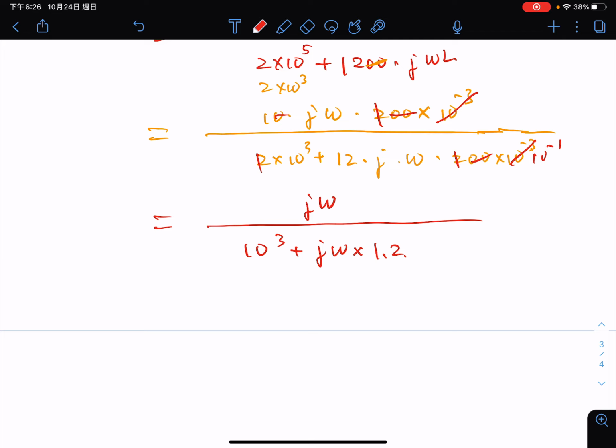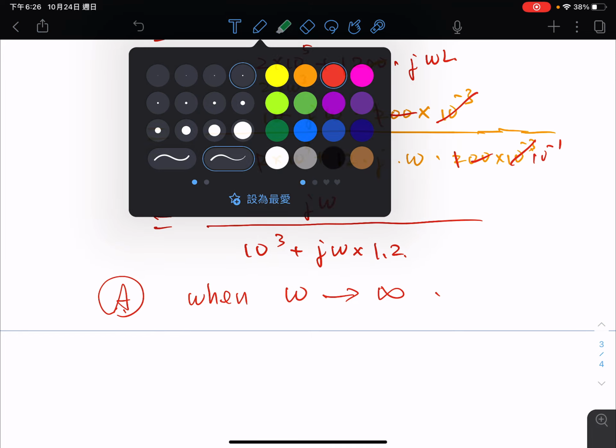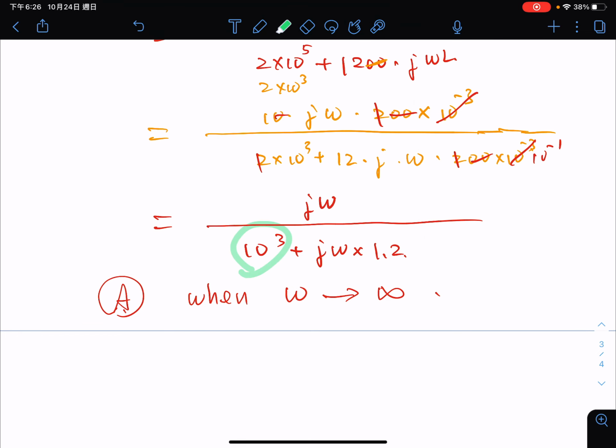And as we can see, this is the A when omega goes to infinity, right? And when omega goes to infinity, this term will no longer be important, right?